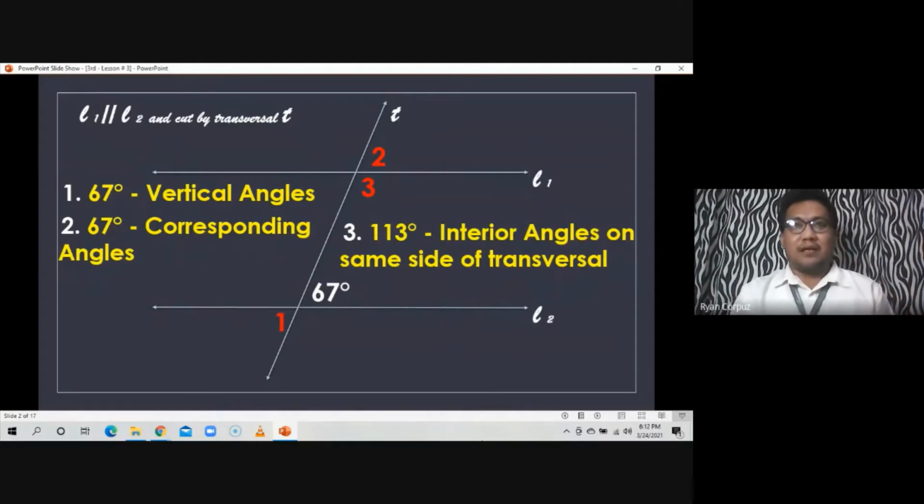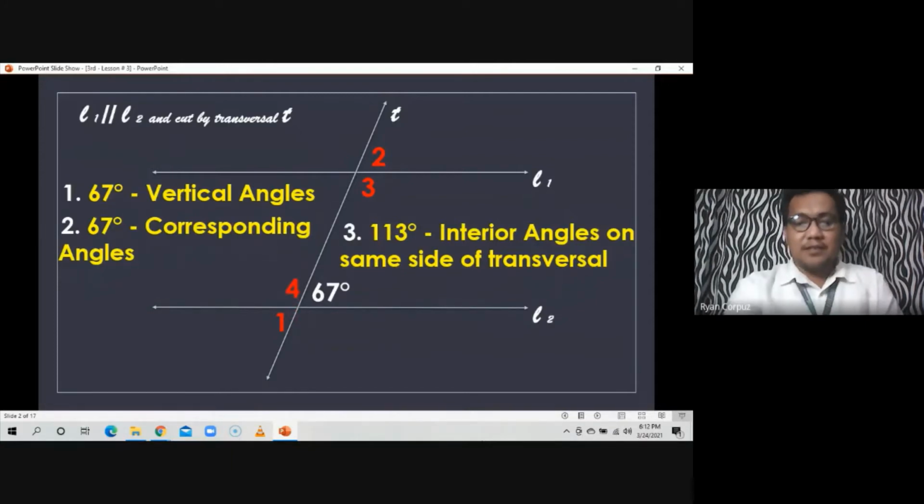If that's the given pair of angles, then when we talk about their measurements, they are supplementary. Meaning, when you add the measures of the two angles, the total measure is equal to 180 degrees. So angle 3 measures 113 degrees.